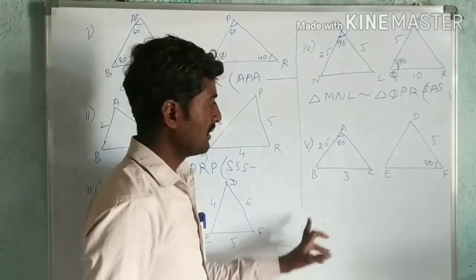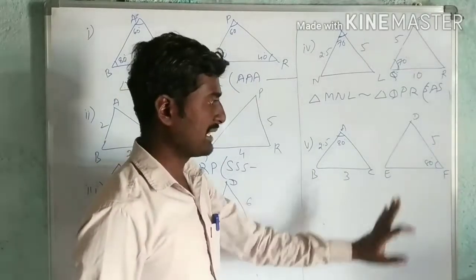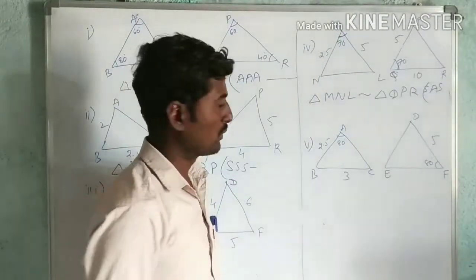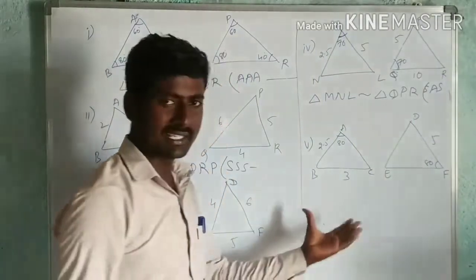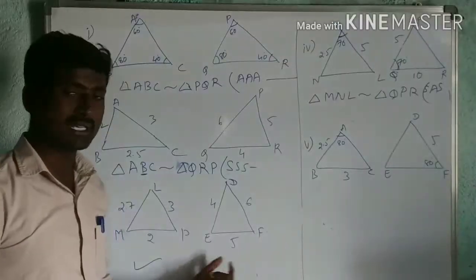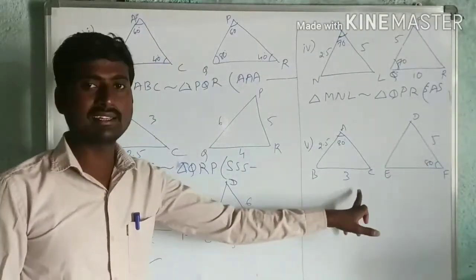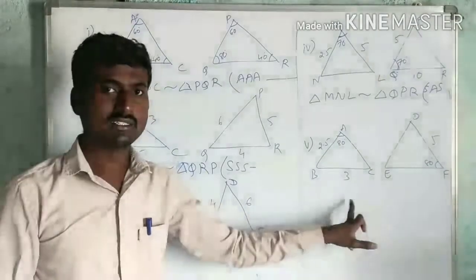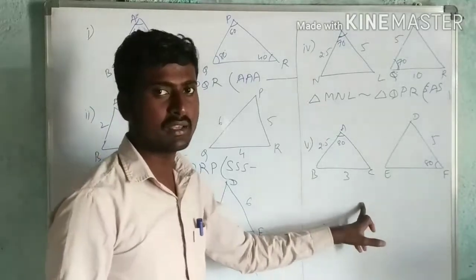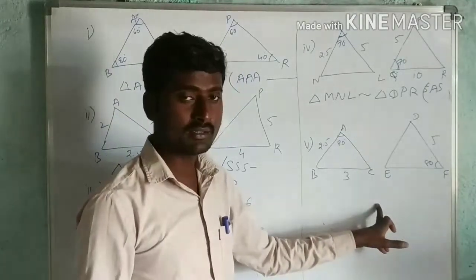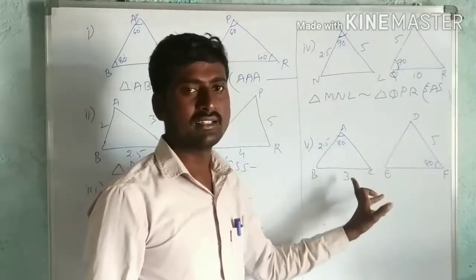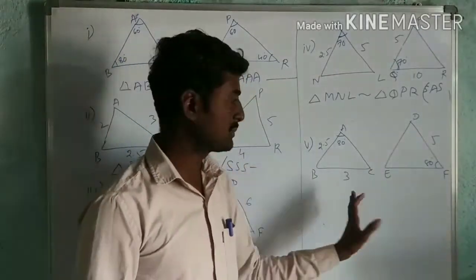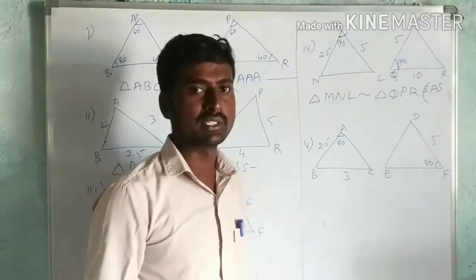So corresponding sides, they are not in proportion, I can give. These two triangles, again same statement you can write here: these two triangles are not similar because corresponding sides are not in proportion.